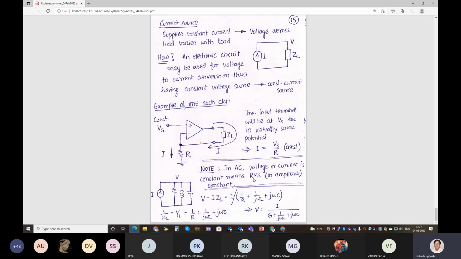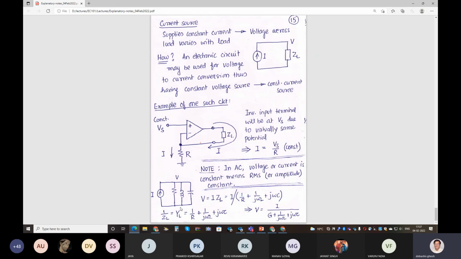That will keep on changing like sine, cos. But what we mean by constant is basically the constant RMS. In fact, in our phasor diagram, we are considering that RMS, which is constant.